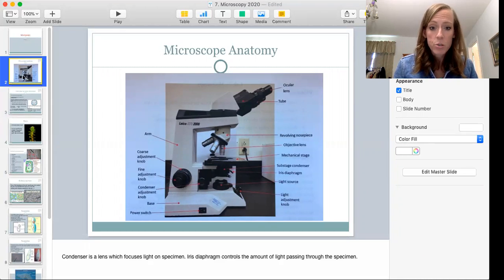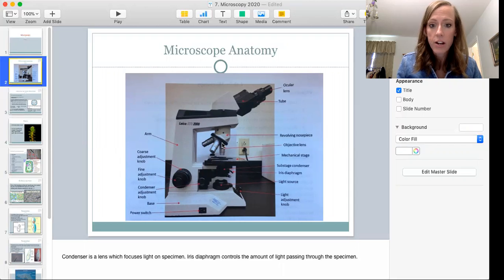Okay, so starting at the base here, that's the bottom of the microscope. The microscope has what's called an arm, which continues up the back of it. And then that will continue into the eyepiece, which contains ocular lenses. Inside the eyepiece, there's a lens which increases the magnification by 10 times whatever you have the objective set to.